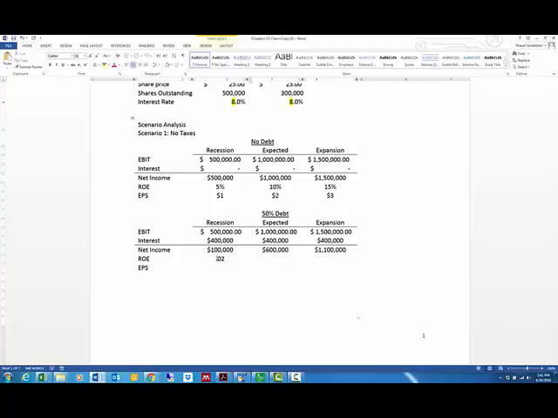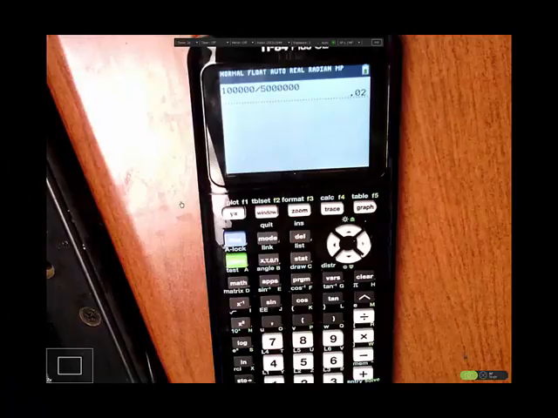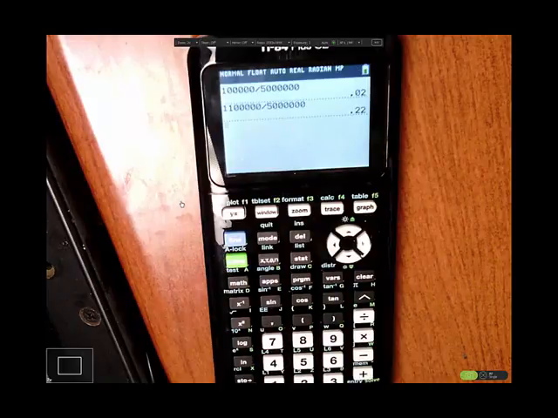The 600,000 divided by $5 million is 12%. And then finally, in the last case, the $1.1 million divided by the $5 million is 22%.